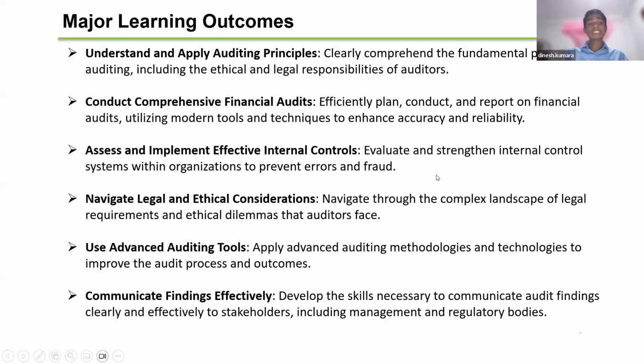Evaluate and extend the internal control systems of the organization to prevent errors and frauds. Then navigate the legal and ethical considerations. Use the advanced technological tools. Then communication, finally audit reporting. Those are the major learning outcomes for different modules.